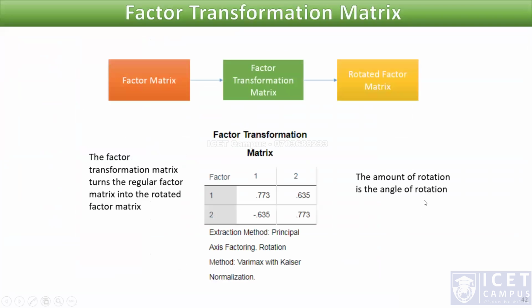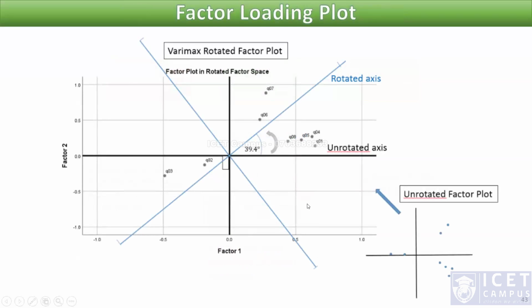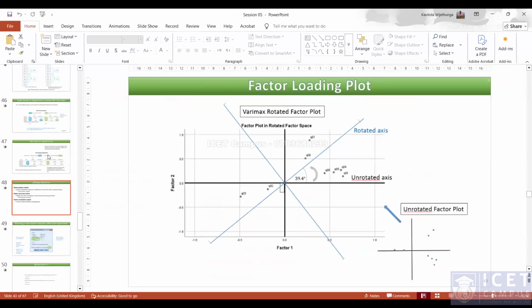Right, factor transformation. We can see the rotated factor matrix, the factor transformation matrix, and the rotated matrices. The factor transformation matrix turns the regular factor matrix into the rotated factor matrix. So we can change the directions using those things.